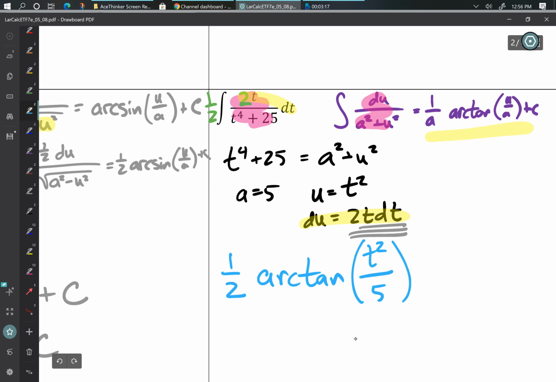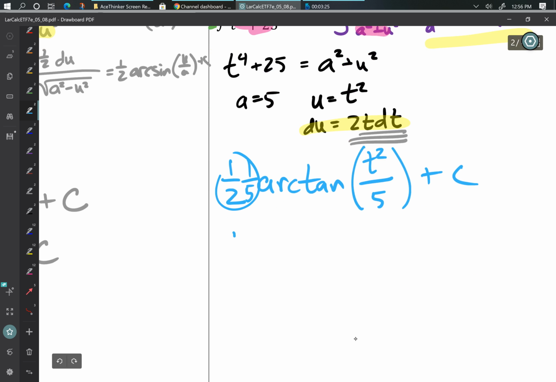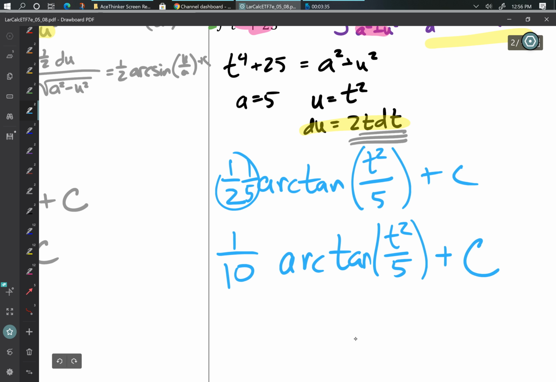Oops, I forgot the 1 over a. So a 1 over 5 also, plus c, and then the 1/2 times the 1/5 would be 1/10 arctangent of t squared over 5 plus c.